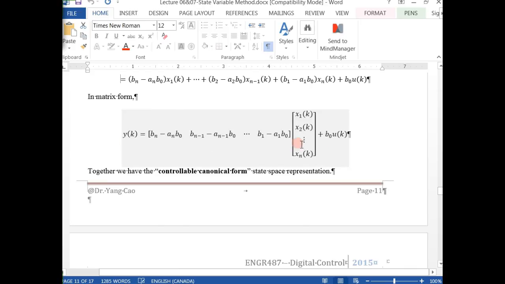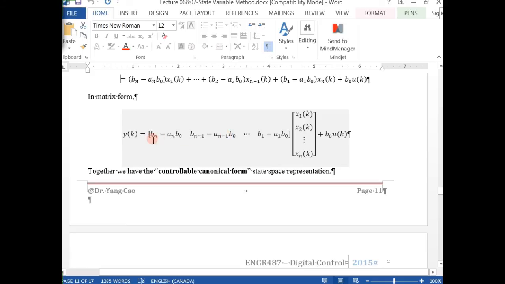So look at the output equation. The output equation has this coefficient B0, B0, B0, B0 here, right? In that example that we just finished, what's the value of B0? 0. So this is why you see there's no this term, no this term, no this term, no this term.